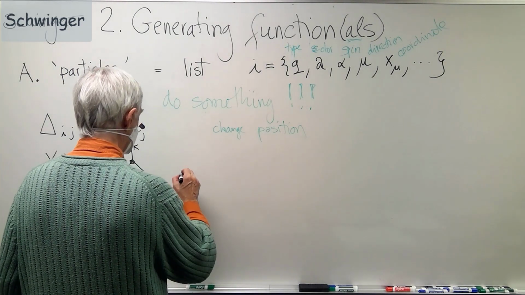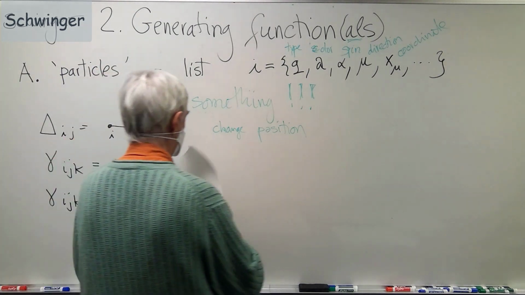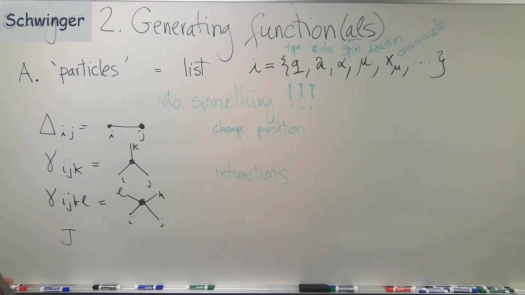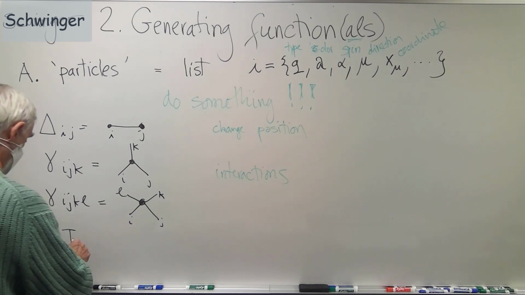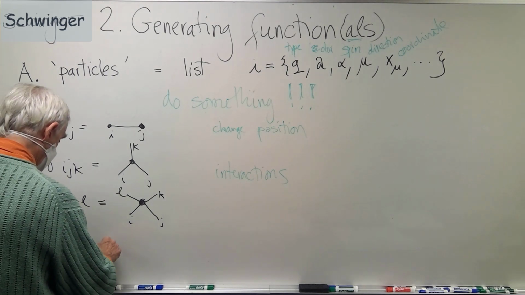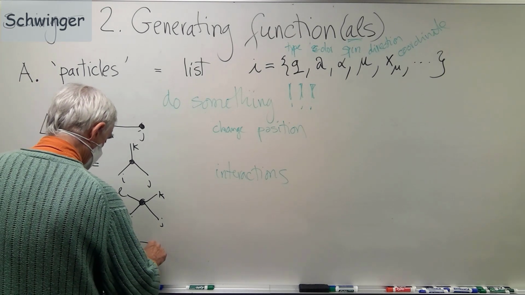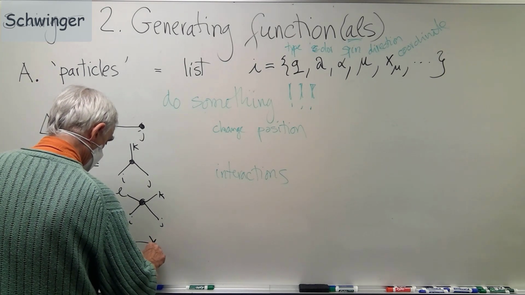So these are interactions. Finally, I can be a deity, and I can either create or destroy. I can be a Vishnu. So I can take a particle, and just nix it.